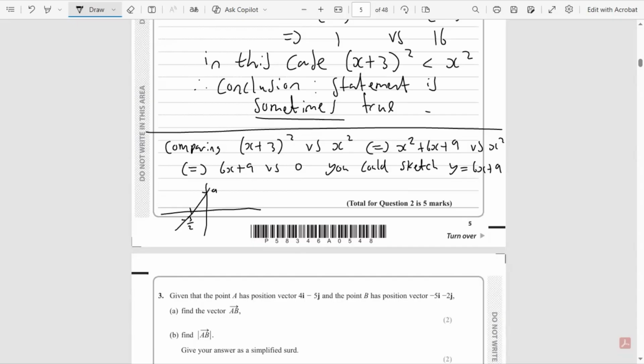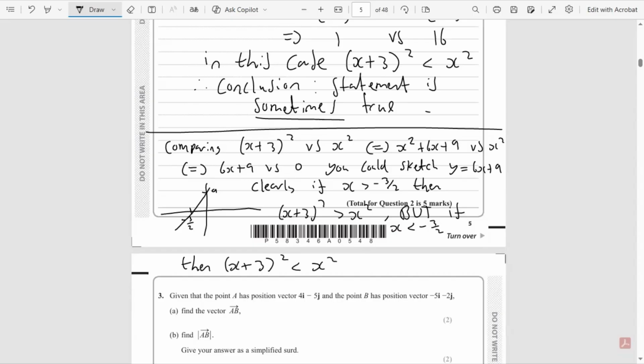You've got your line like that. So you can say that clearly if x is greater than -3 over 2, then it means that x plus 3 squared is greater than x squared. But if x is less than that -3 over 2, then actually x plus 3 all squared would be less than x squared. So therefore, again, the statement is sometimes true.